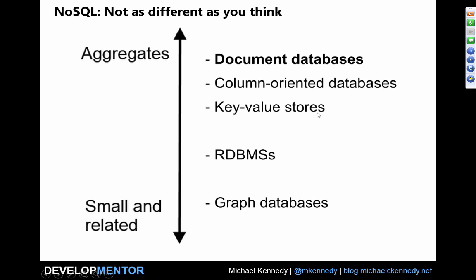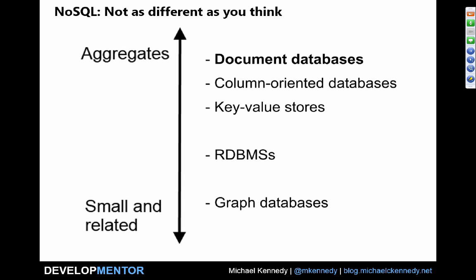Right? So these three, I think, all fall deeply under the original meaning of NoSQL here. Whereas the graph database is an alternative, but it's not really its own thing. I mean, just because something doesn't use SQL doesn't make it NoSQL.